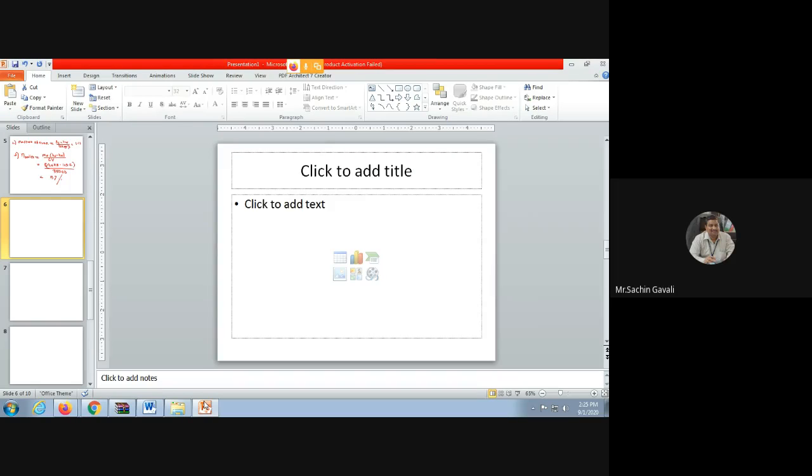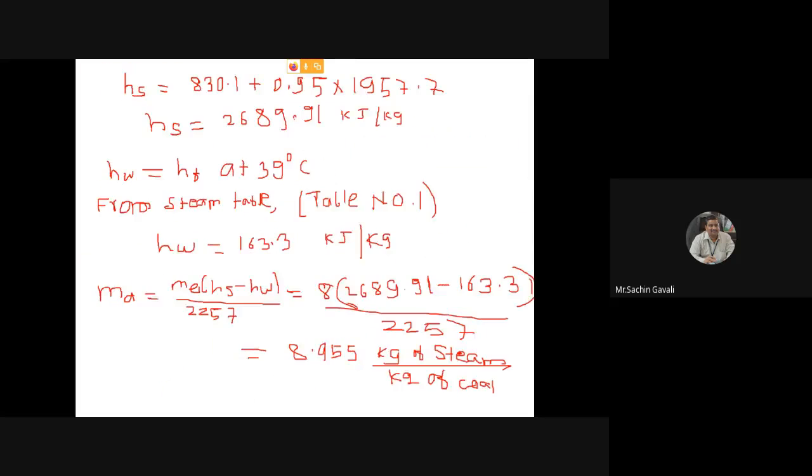Now in this numerical, what is given data now? Who will help me? What is given? Pressure of steam is given, correct?